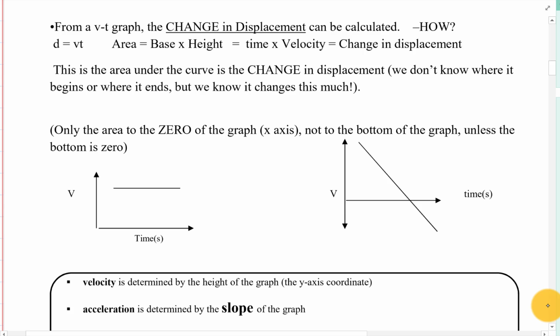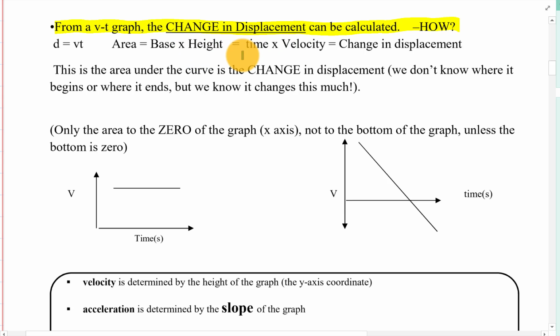Okay, next page, here we go. From a velocity time graph, the change in displacement can also be calculated. There are 2 things we are learning from a velocity time graph today, besides just reading it. Here's a little bit of information. Displacement is velocity times time. And the area and the base is the velocity and the time.